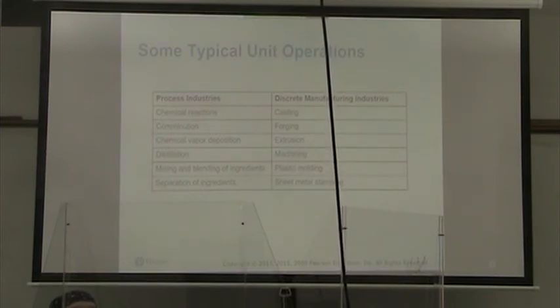On the other hand, discrete manufacturing industries: casting, forging, extrusion, machining, plastic molding, sheet metal stamping. Actually, the way they're describing this, they would put making pudding in there also.